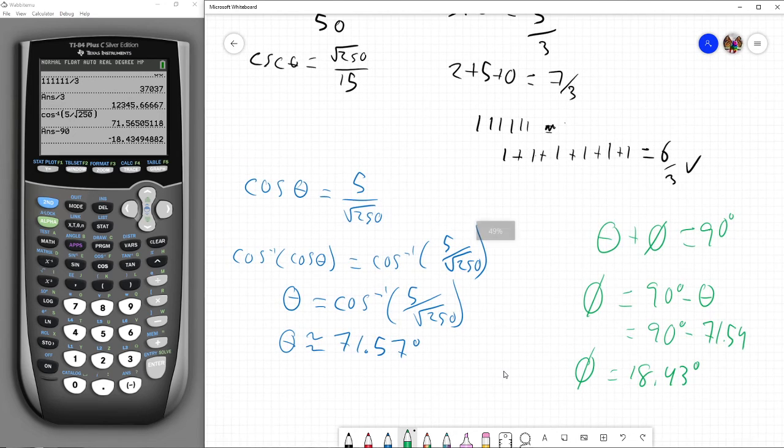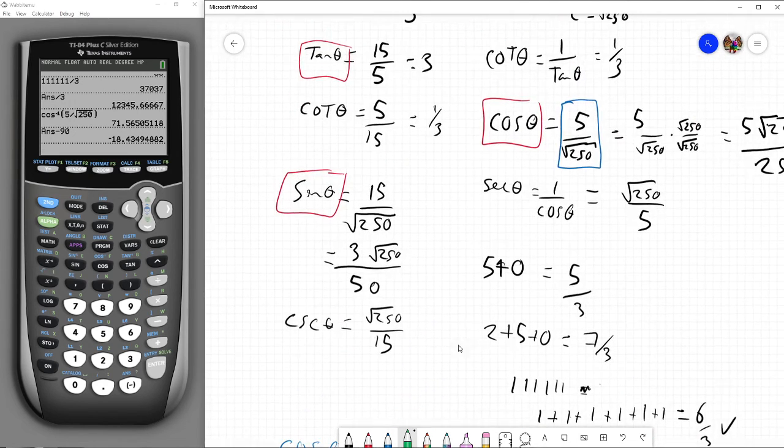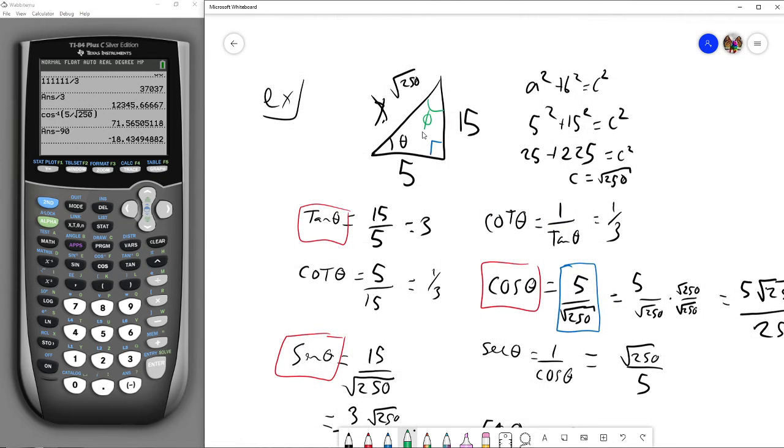Alright. So this goes over pretty much finding everything. If you're given one angle and one side, or two sides, then you can find anything that you want about the triangle. That's of course excluding the fact that it is a right triangle.